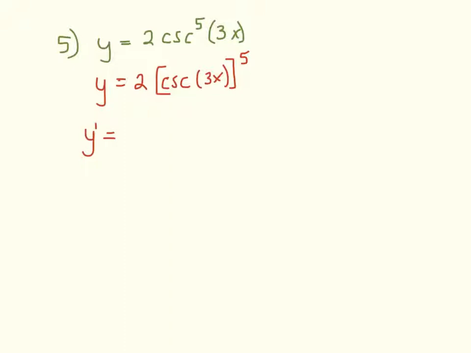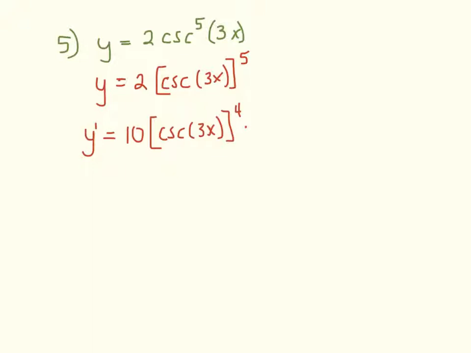So we would first of all, like I said, use the power rule, multiply the exponent of 5 times your coefficient, your constant there. So 10, okay, keep the inside, cosecant of 3x. Now decrease your exponent by 1. Now times, make sure you realize that's multiplication, the derivative of the inside.